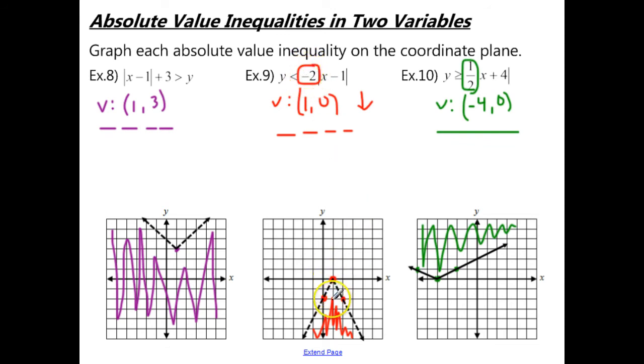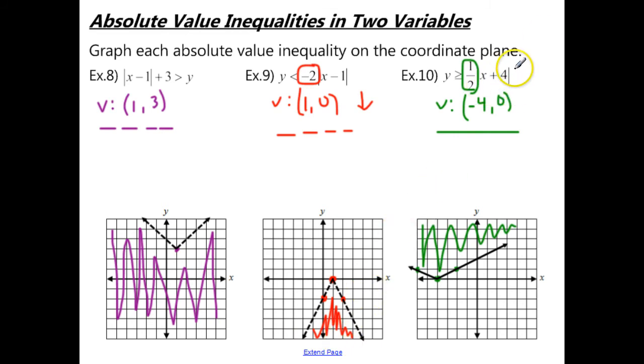So from the vertex down 2 over 1, and then you need to mirror it down 2 to the left 1, and then you can connect those with the dotted line. And because y is everything smaller, you take that y-intercept and you shade everything below that portion of the graph. So it's actually everything inside the absolute value.